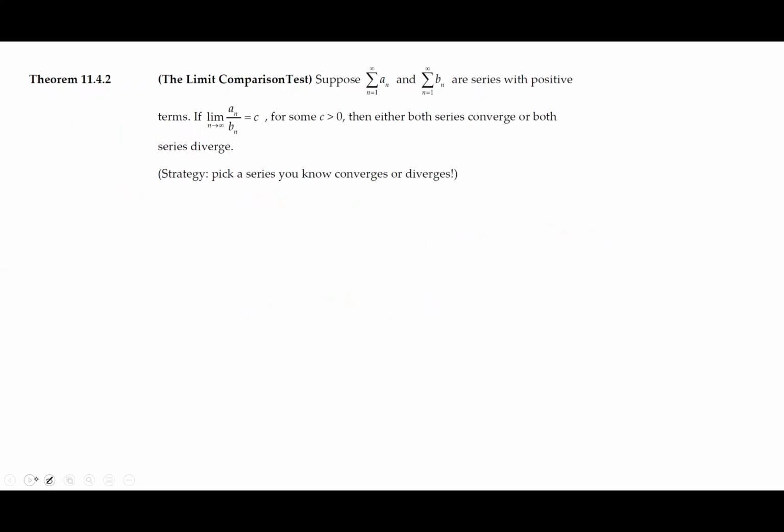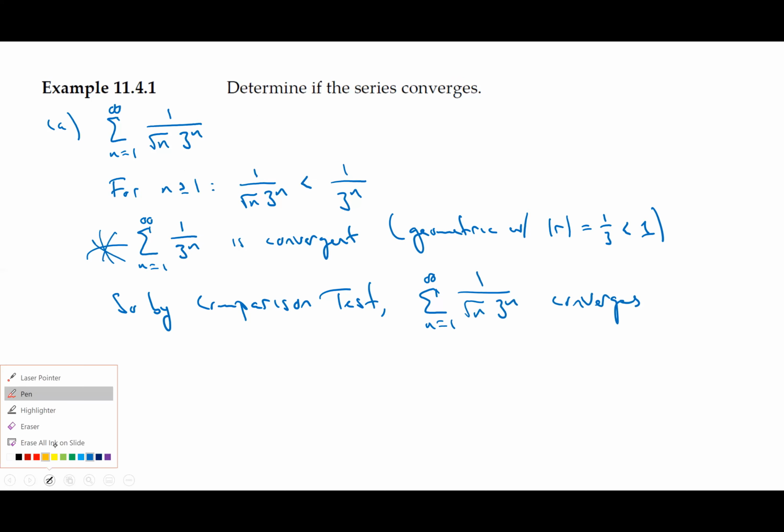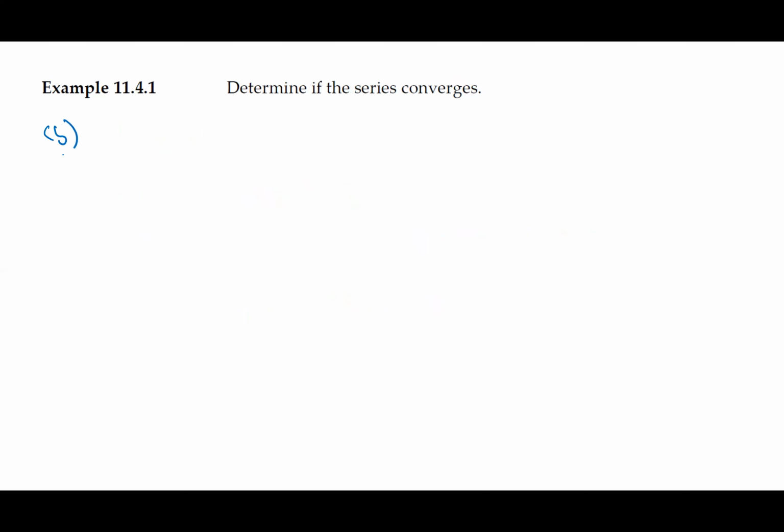Let's try it again, whoops. How about the sum from n equals 1 to infinity of 1 over the cube root of n squared plus 3? No, I'm sorry, n equals 2. Okay.